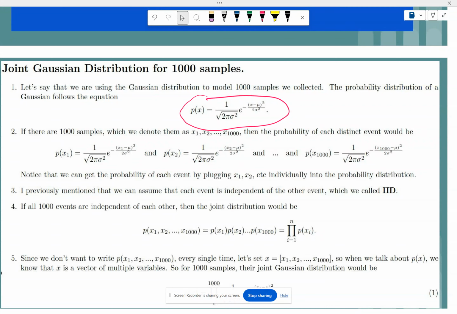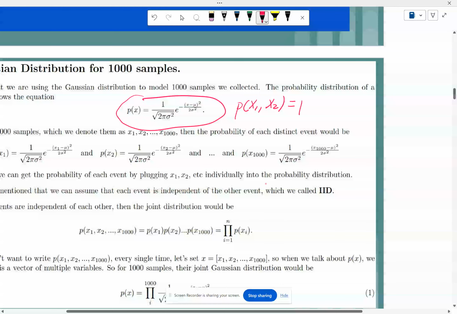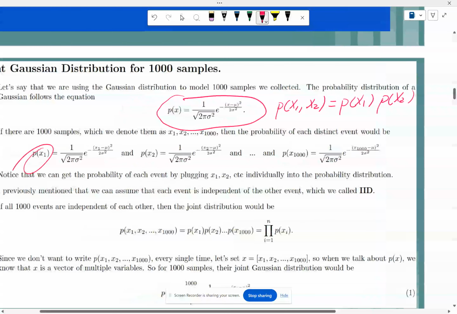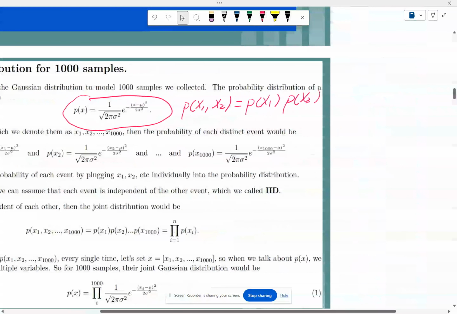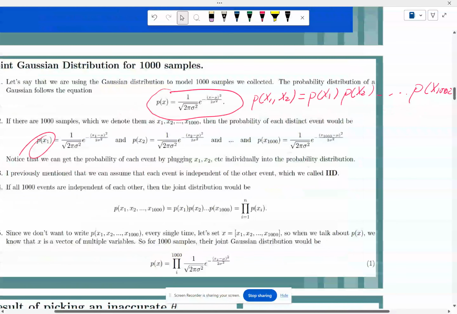Now, if we go back to the concept of independence, if you have probability of x1, x2, and they're independent, that means it's equal to the probability of x1 times the probability of x2. So over here, we have 1,000 of them. Therefore, it's probability of x1 times probability of x2 all the way to the probability of x1000.